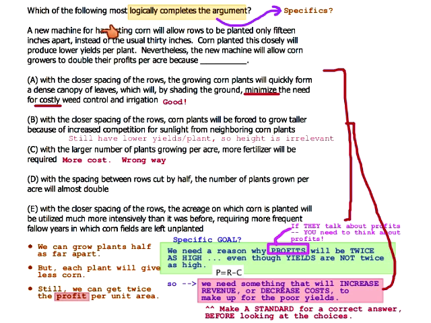When I first read the passage, the default assumption is that your rows have approximately the same number of plants, right? So you would think that if you can plant 15 inches apart, then you would have exactly twice the number of plants. So this is almost even making that less strong.